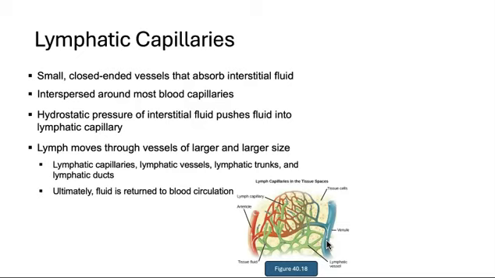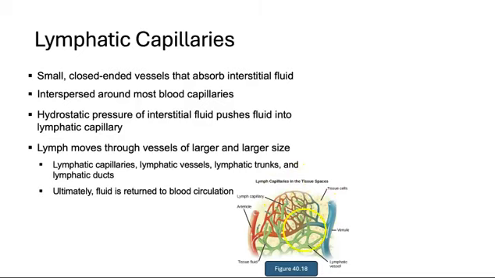The other 15% is going to be drained from the interstitial fluid into these green structures here known as our lymphatic capillaries. And our lymphatic capillaries are small closed-end vessels that absorb this fluid, and we're now going to call that fluid lymph. Notice how the lymphatic capillaries are interspersed around most of our blood capillaries.